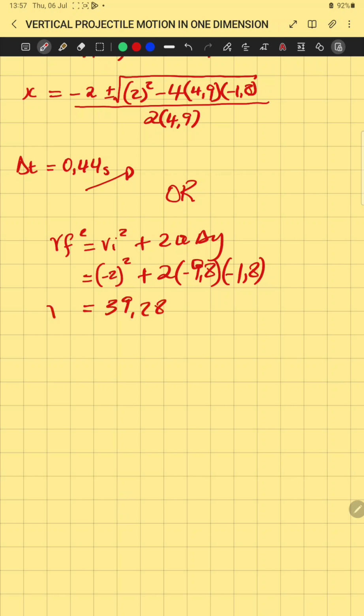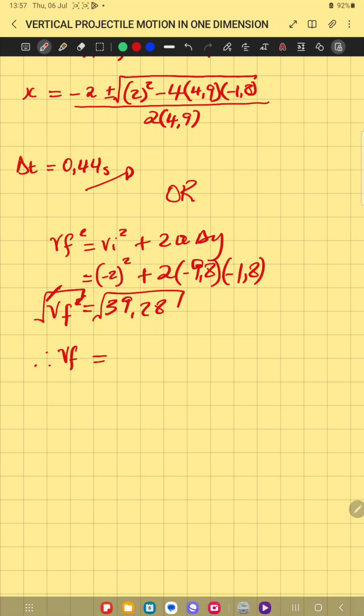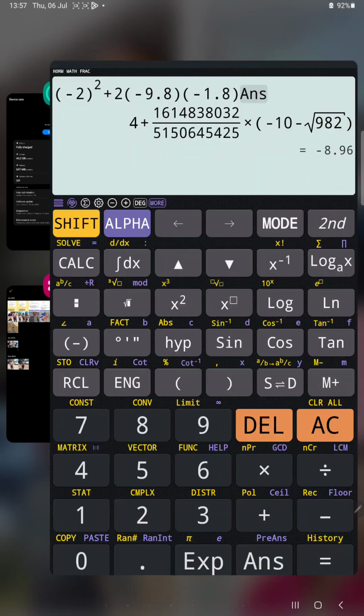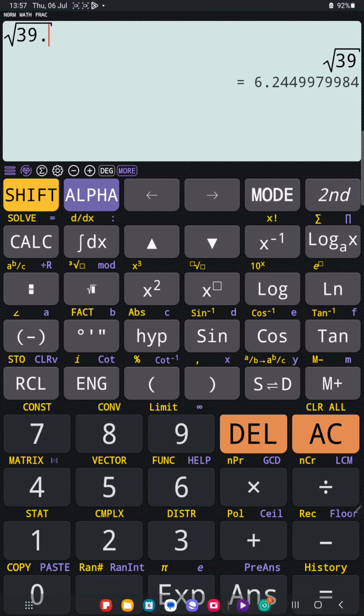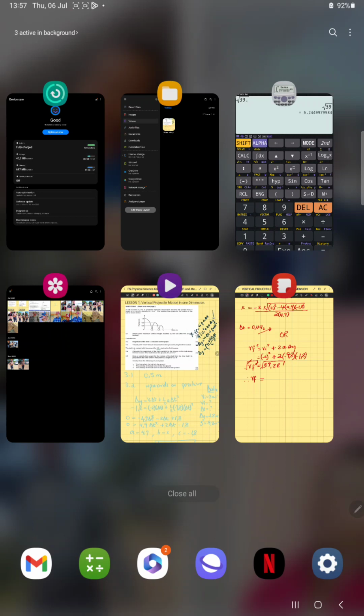And remember, here we still have vf squared, so we take the square root of both sides. So this will nullify, therefore vf must be equal to, let's confirm the value. The square root of 39.28, right?